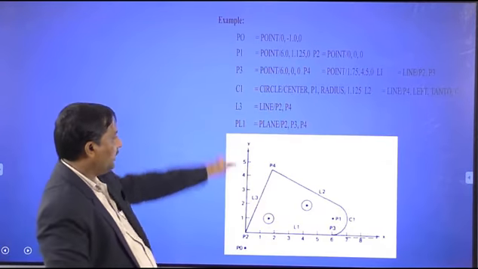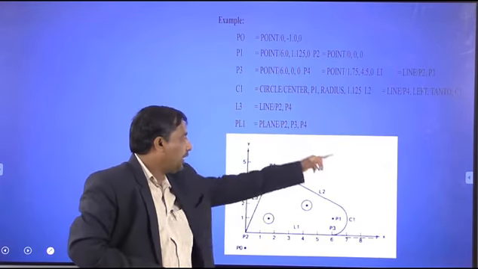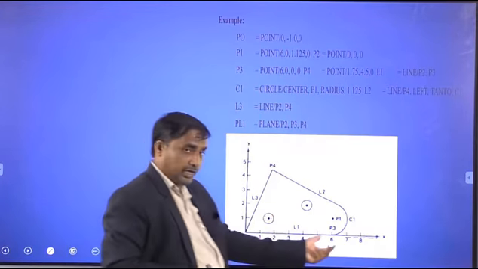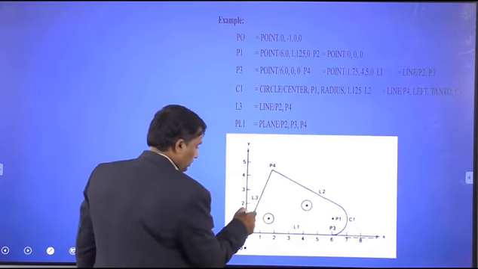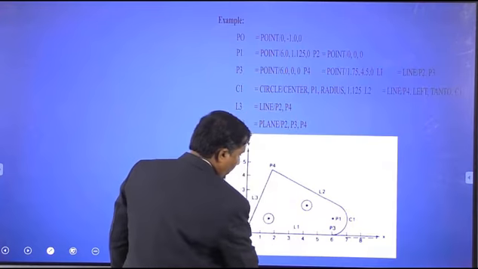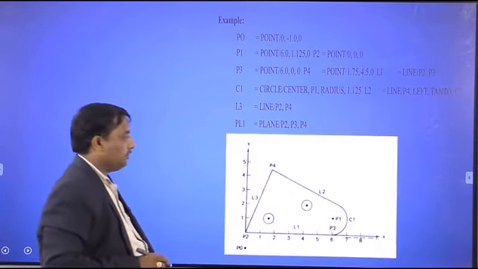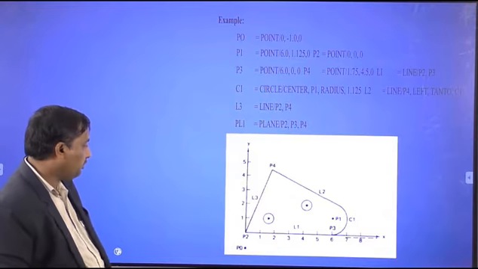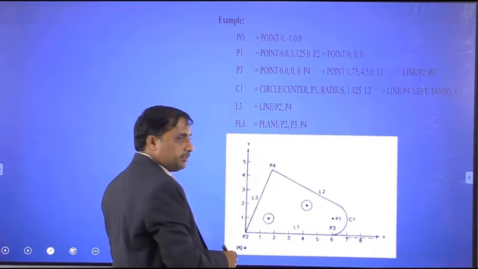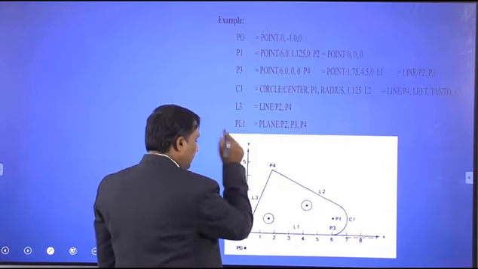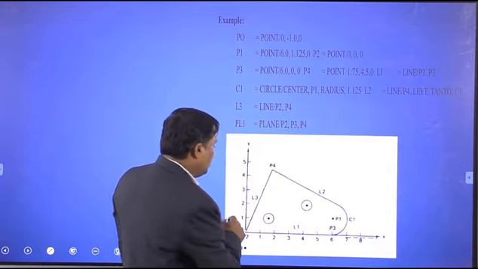For example, here he has given one example. Suppose we consider this part: this is the X-axis, this one is the Y-axis, and this one is a planar object. Here, if we observe this entire diagram, divisions are there along the X-axis and along the Y-axis.